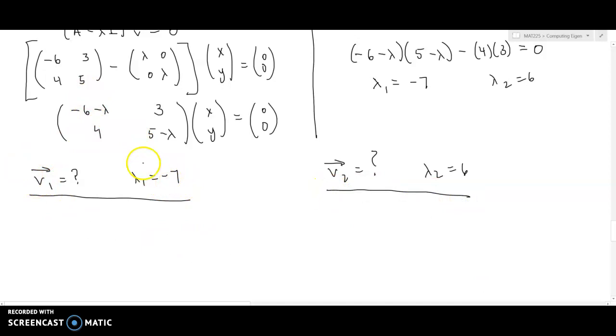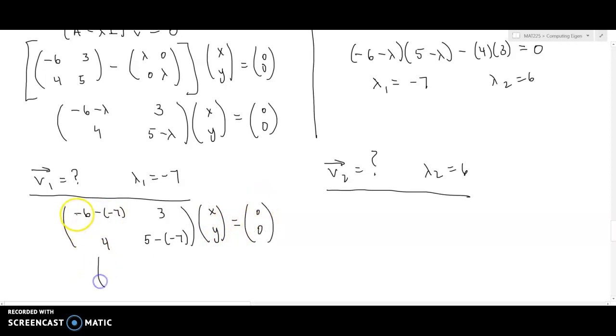If I plug -7 into this equation here, I'll have [-6 minus -7, 3; 4, 5 minus -7], and I'm going to solve for the x and y that gets mapped to the 0 vector.